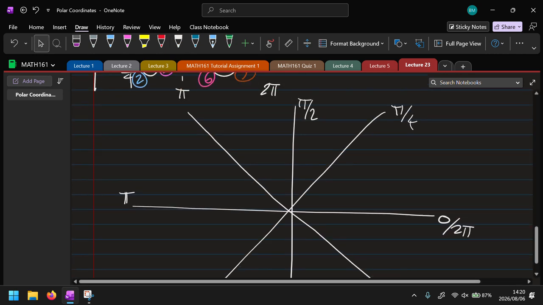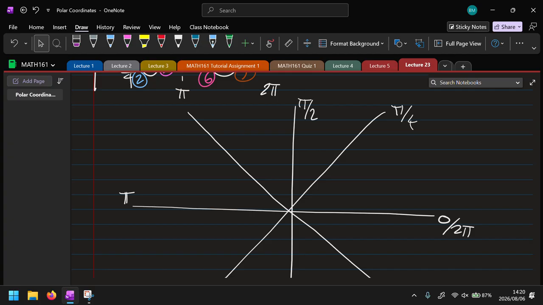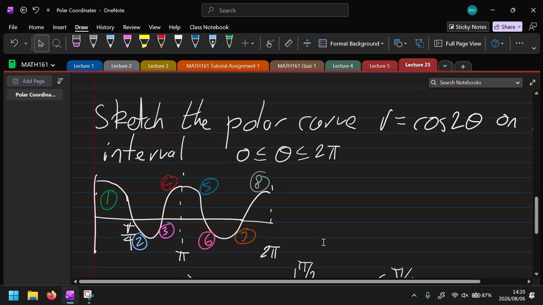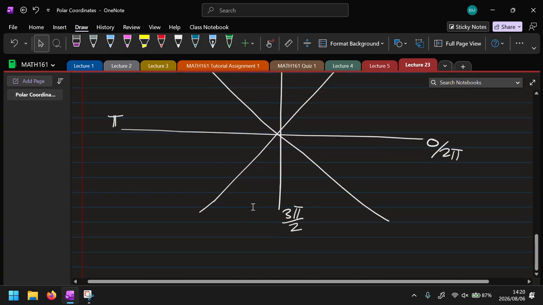Back to 2 pi. Okay, so how many pizza slices did we chop this up into? Okay, count them. 8. How many pieces did we chop this function up into? 8. Good.